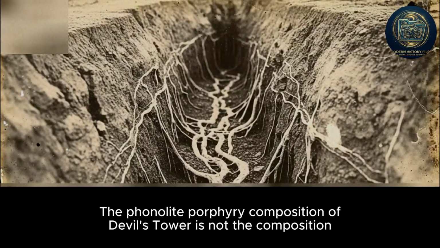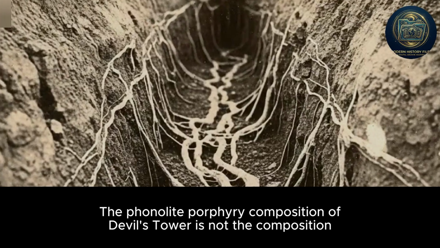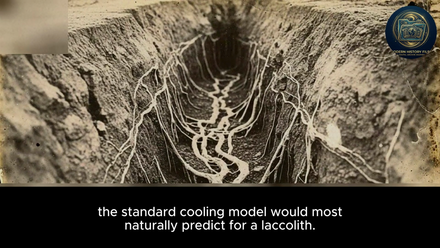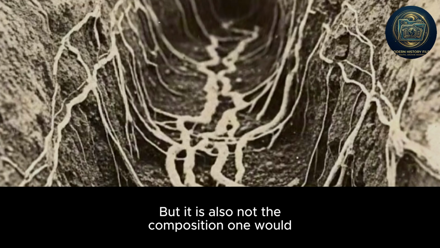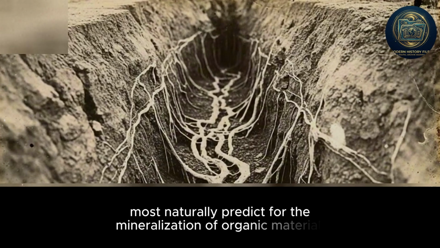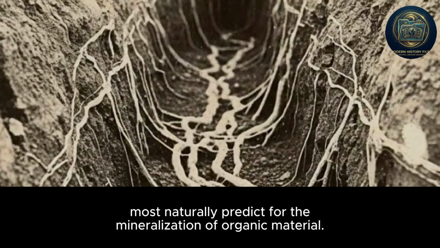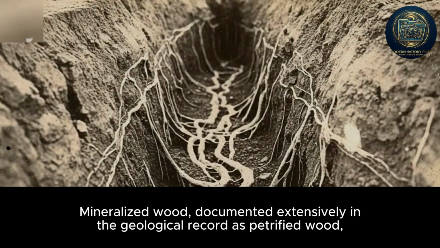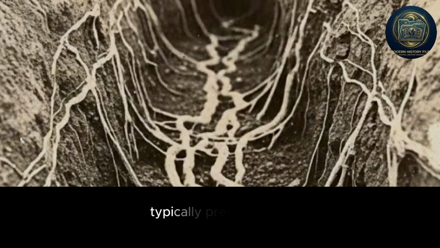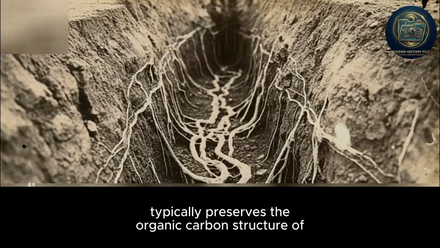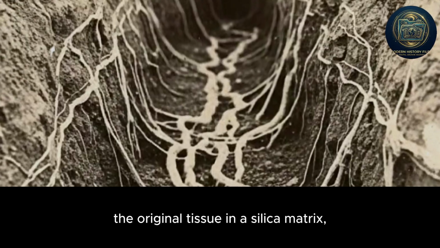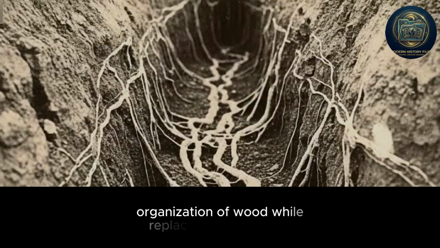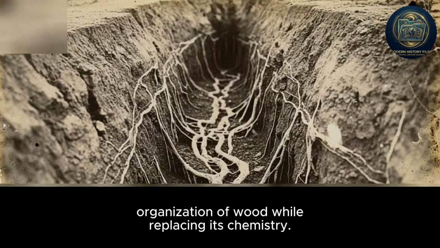The phonolite porphyry composition of Devil's Tower is not the composition the standard cooling model would most naturally predict for a laccolith, but it is also not the composition one would most naturally predict for the mineralization of organic material. Mineralized wood, documented extensively in the geological record as petrified wood, typically preserves the organic carbon structure of the original tissue in a silica matrix, producing a material that retains the structural organization of wood while replacing its chemistry.